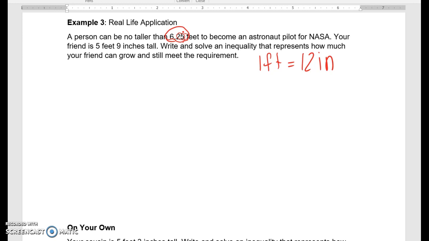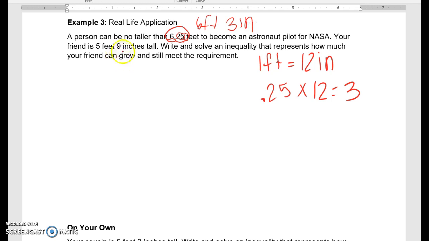So you have to think to yourself, what is 25% of 12? And that would be 3. If you want to write that down, you can. So what I did was I found out what 0.25 of 12 was, and that was 3. So therefore, I know this is 6 feet 3 inches.